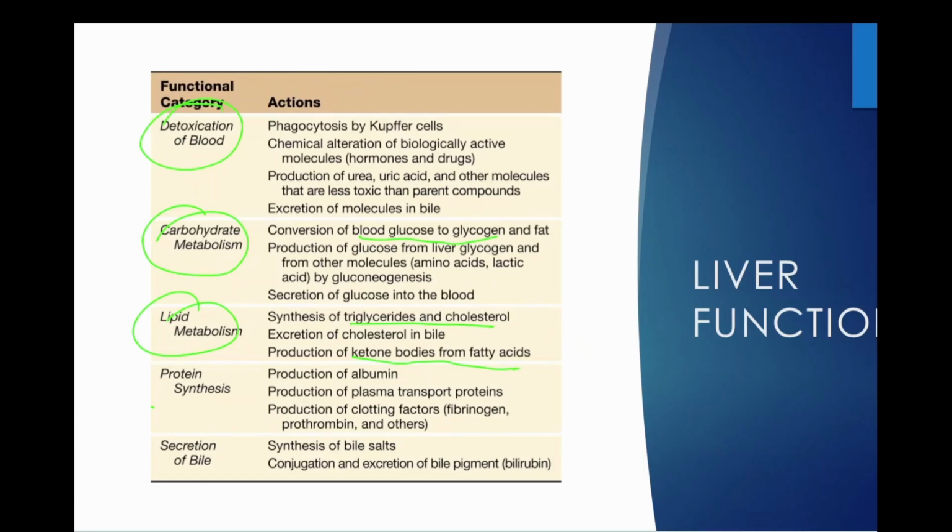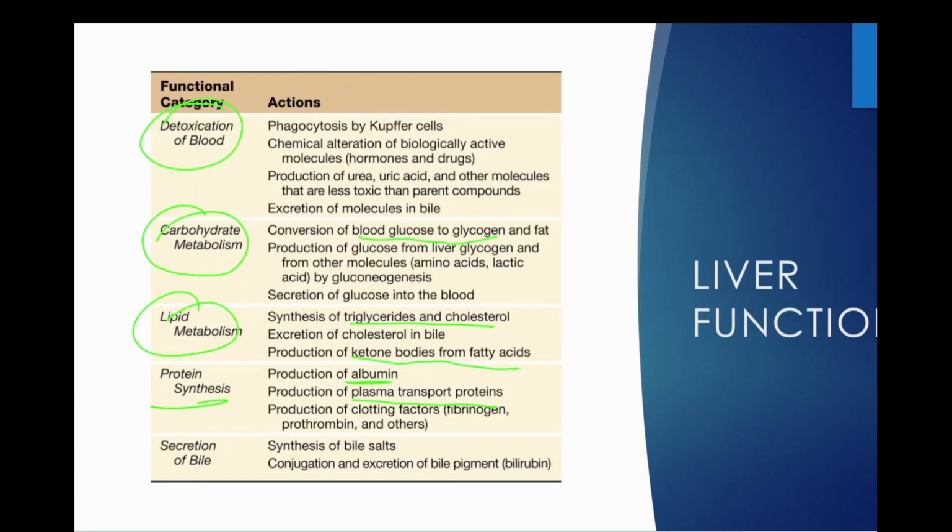Protein synthesis makes albumin, major contributor to what type of pressure in the body? Oncotic pressure. Okay, production of plasma transport proteins. Remember, a lot of these proteins, if they're fat soluble, they need a carrier to get around. They can't dissolve in the plasma, so we have these proteins.